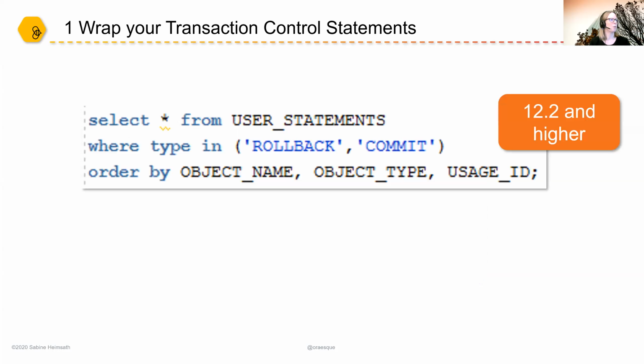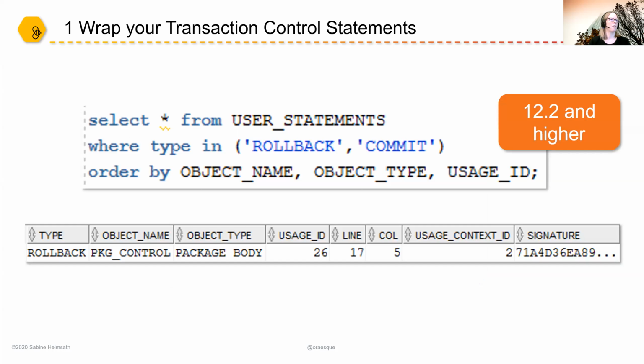So we could use that. In that case, we can say select star from user_statements where type in rollback and commit, and then we get all our calls to rollback. It tells you it's in package control, in the package body, in line 17, and even gives you the column. So you know exactly where to go and where to do your changes.